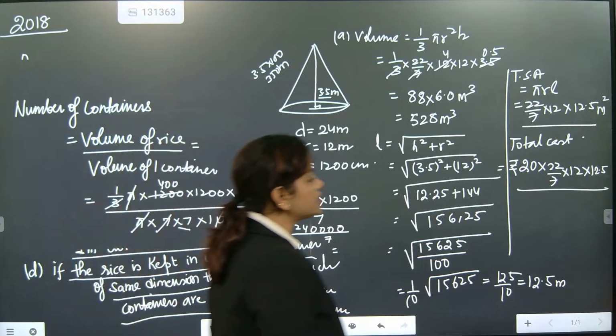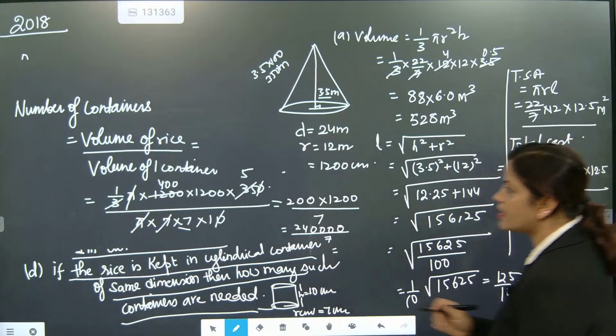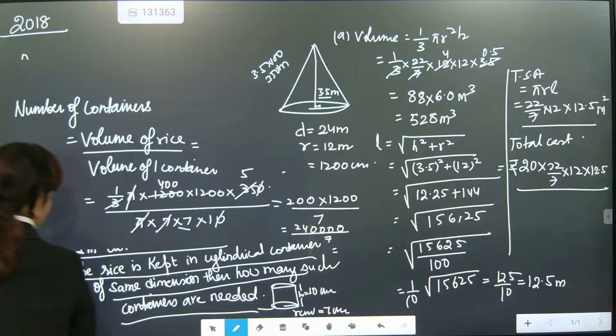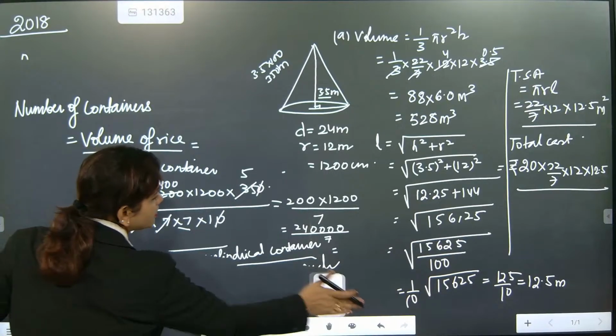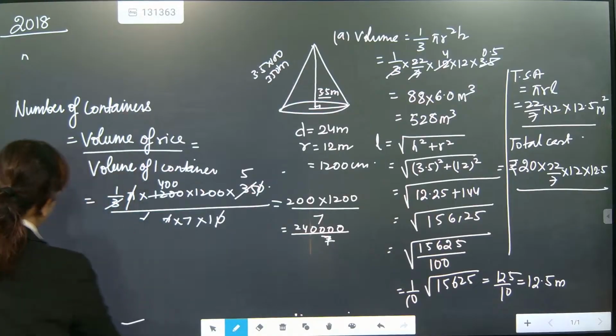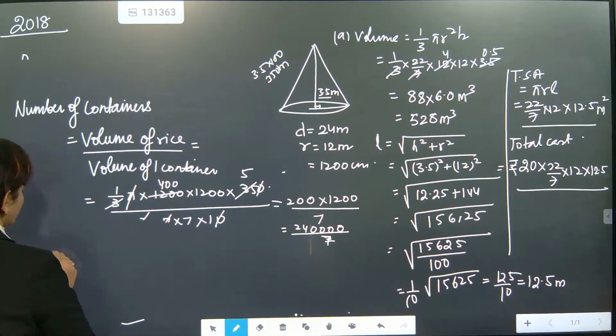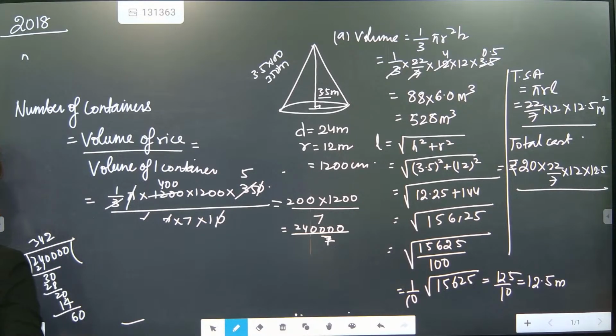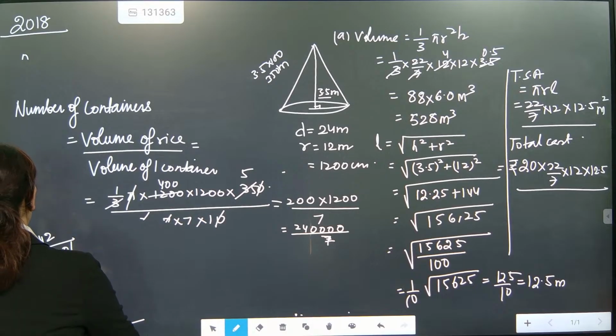So we will take the decimal and solve the question here. One part I am going to solve. So definitely the rice needed in containers. So 10 we have used, 10 we have used.